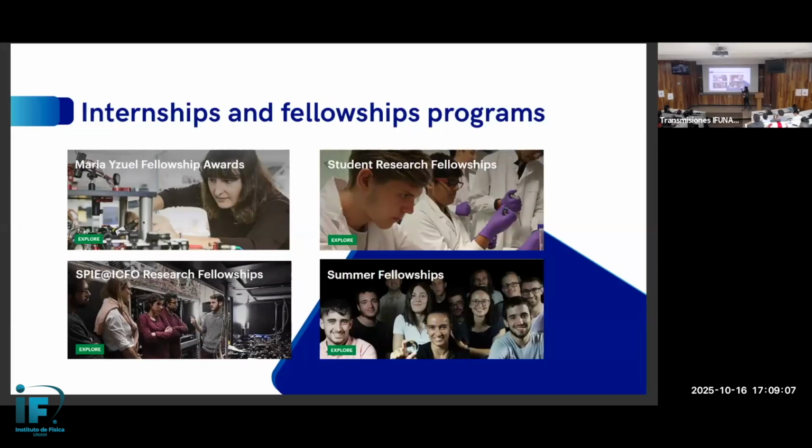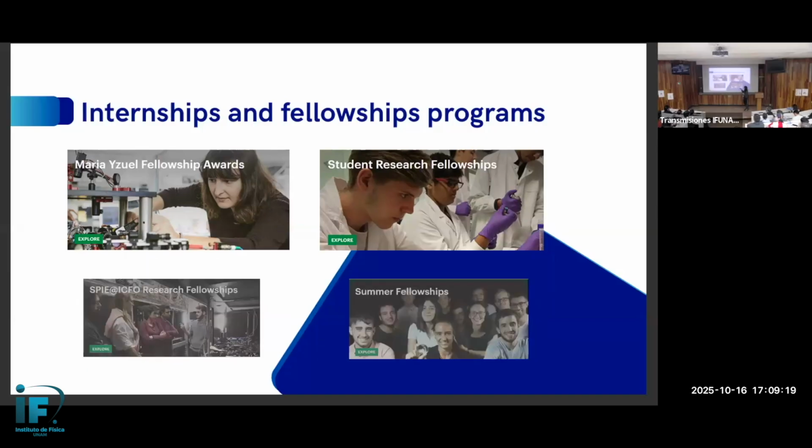Regarding the internships, which I think can be of interest if you are an undergraduate or master's student, currently we have 4 programs available. The Maria Itzuel Fellowship Awards and the Student Research Fellowships are very similar. The only difference is that one is open to everyone, and the Maria Itzuel Fellowship Awards is specific for women in science.